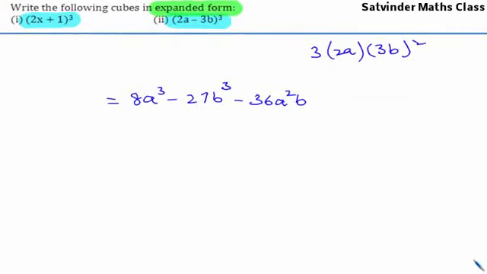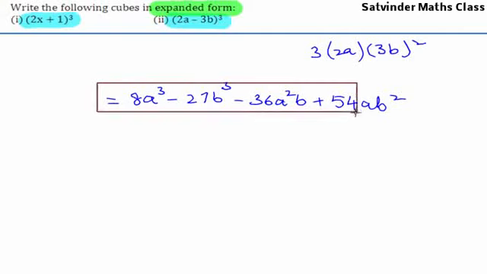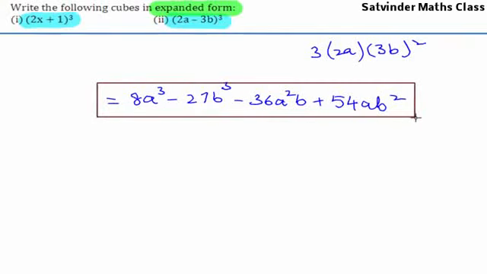We have plus (3b) whole square will give you 9b square. 9b square into 2a will be 18ab square. 18ab square into 3 will be 54ab square. This is the required expansion for (2a − 3b) whole cube.